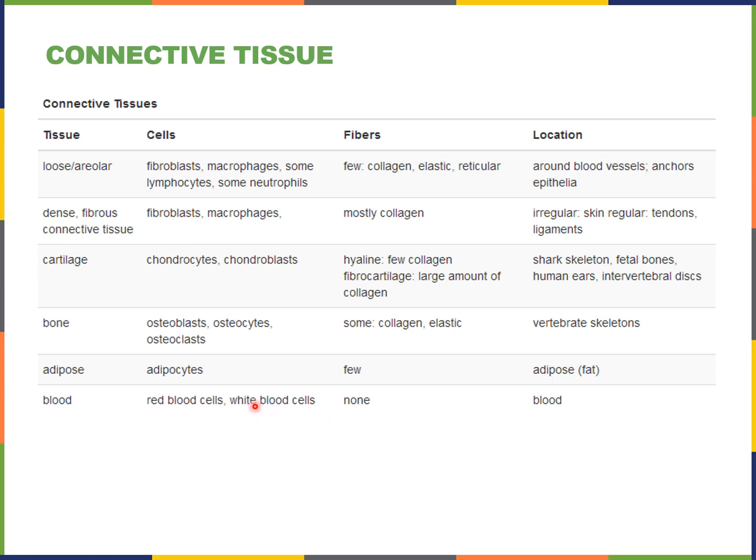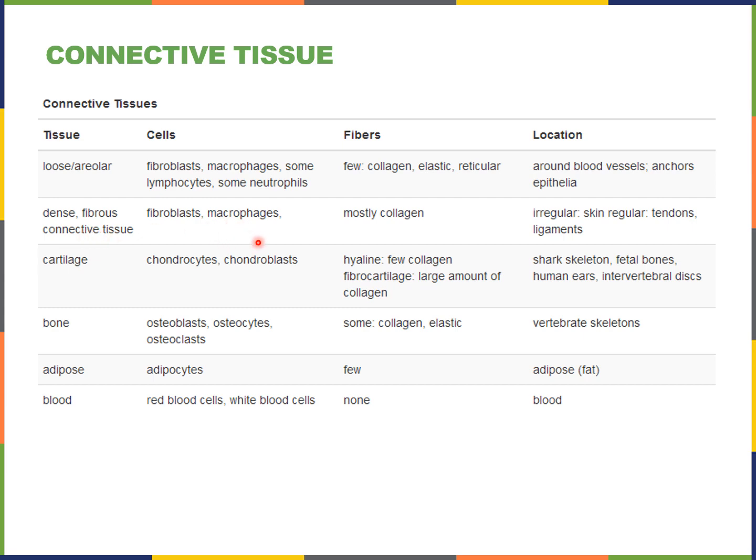immune functions. And then we have loose or areolar connective tissue. These have fibroblasts, macrophages, some lymphocytes, some neutrophils. And they've got a few different fibers: collagen, elastic, reticular, and these you can find around blood vessels. They're also anchoring epithelia, or that surface level of cells. We also have dense fibrous connective tissue.